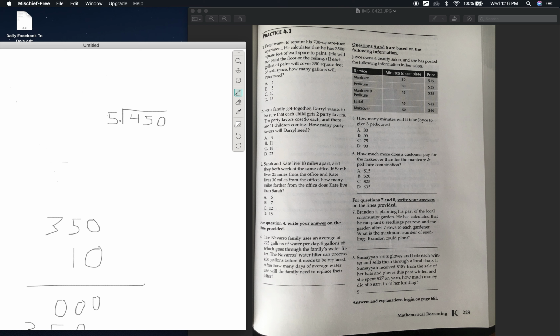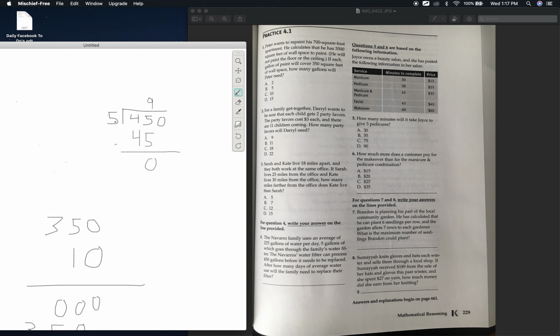Well, 5 goes into 4? No, it doesn't. So you have to bring in 45. 5 goes into 45 9 times. Okay. 9 times 5 is 45. So 45 minus 45 is 0.